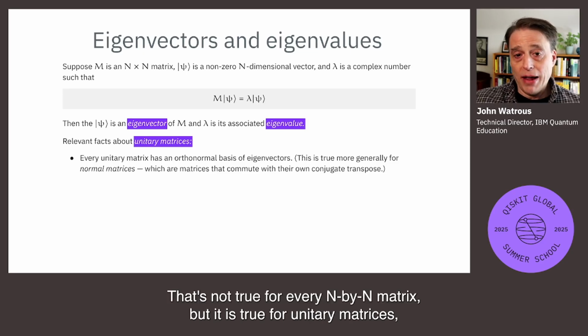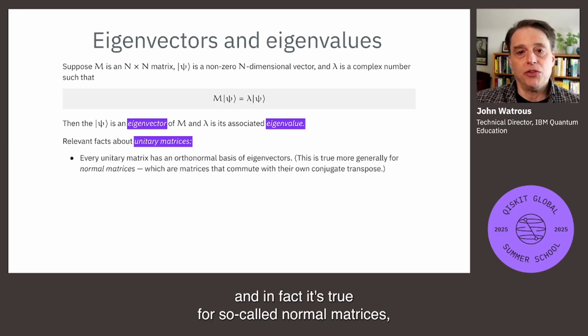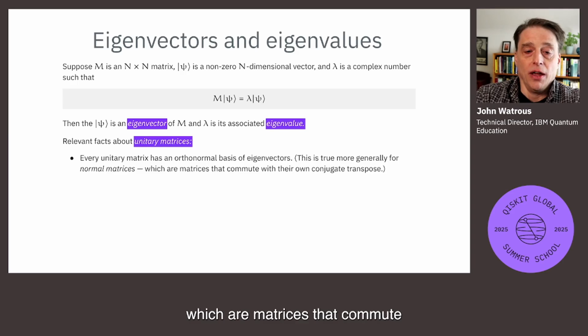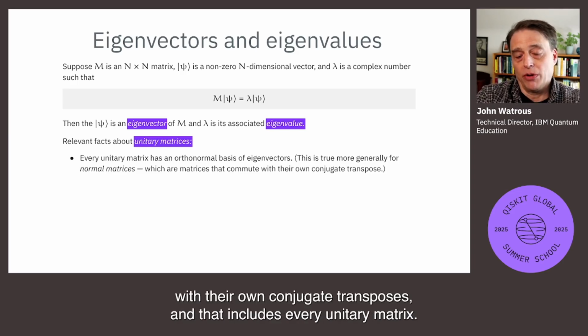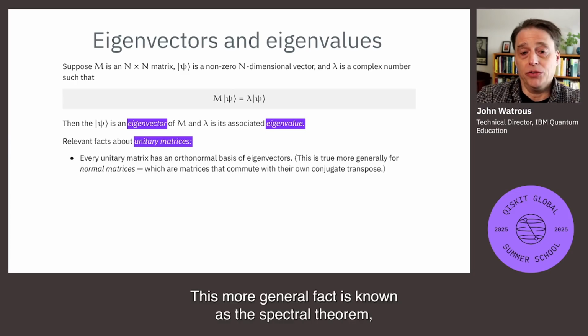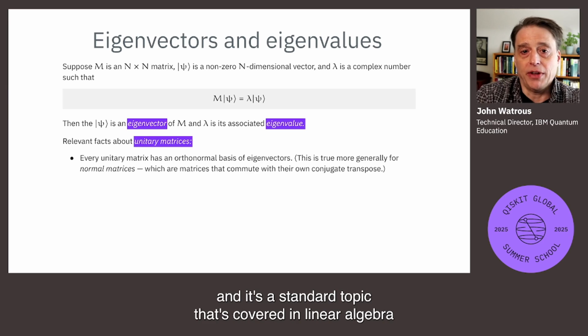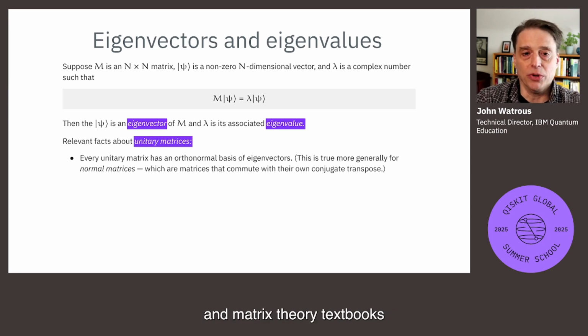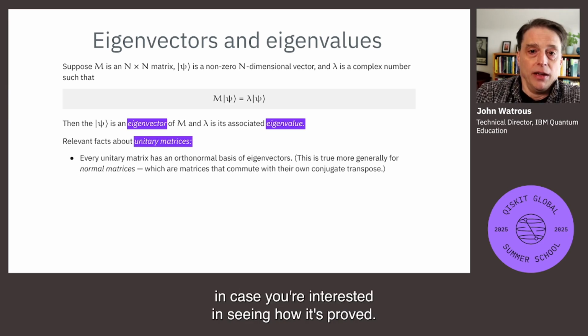That's not true for every n by n matrix, but it is true for unitary matrices, and in fact it's true for so-called normal matrices, which are matrices that commute with their own conjugate transposes, and that includes every unitary matrix. This more general fact is known as the spectral theorem, and it's a standard topic that's covered in linear algebra and matrix theory textbooks, in case you're interested in seeing how it's proved.